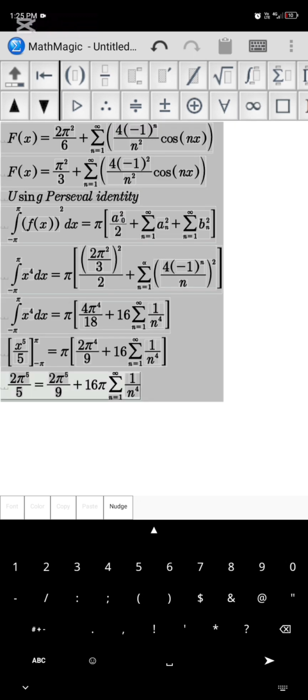All right, so we can actually collect like terms. That is, we have 2 pi raised to the power of 5 over 5 and 2 pi raised to the power of 5 over 9. We can bring them together.